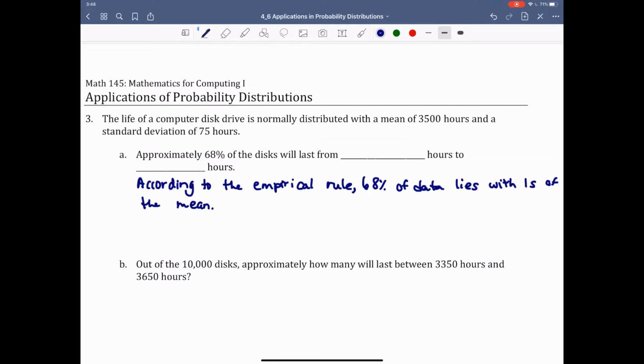Looking at this visually, we have our normal distribution. We know that we have the mean, x bar, and 68% will be within x bar minus s and x bar plus s.